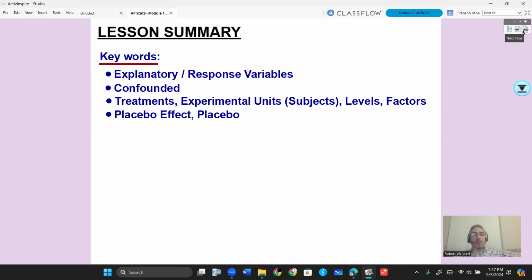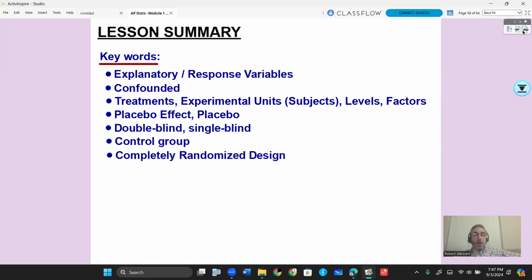The placebo effect and placebo, double blind versus single blind, having a control group or using some sort of control, and a completely randomized design being the type of experiment where everybody kind of gets put into a hat, and depending on your treatments, you randomize it and try to get equivalent groups within each treatment group, and then measure the results at the end.